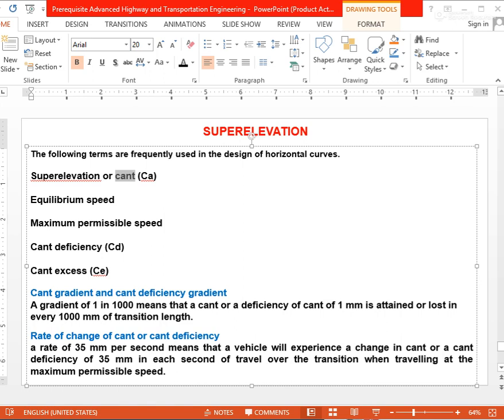Another is rate of change of cant or cant deficiency. This is the rate at which cant deficiency increases while passing over the transition curve. Example, a rate of 35 mm per second means that a vehicle will experience a change in cant or cant deficiency of 35 mm in each second of travel over the transition when traveling at the maximum permissible speed.